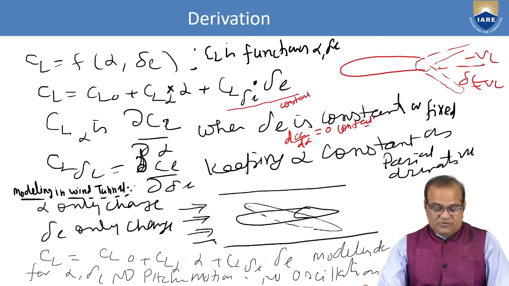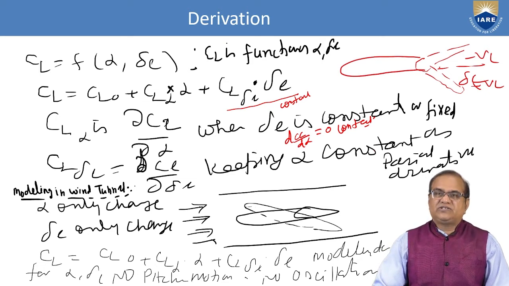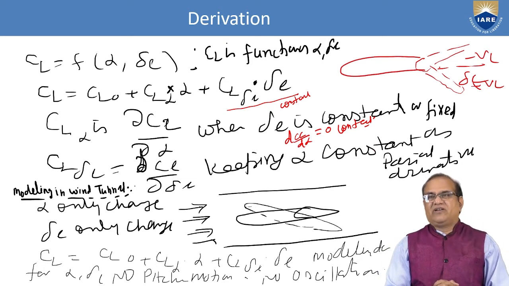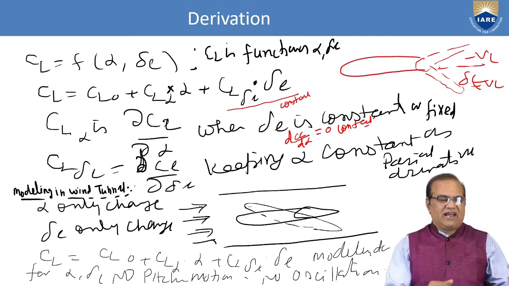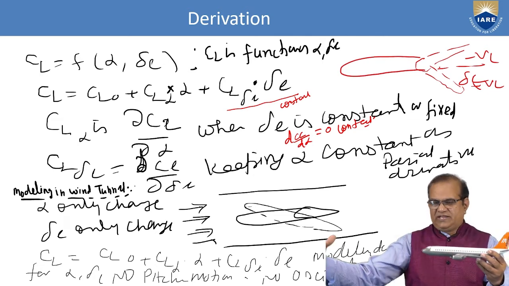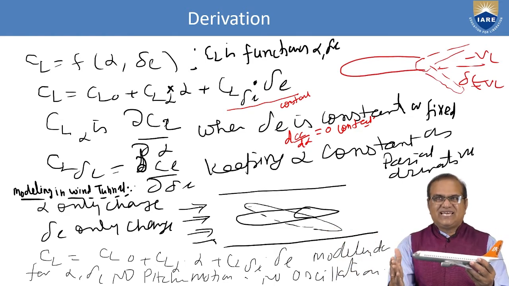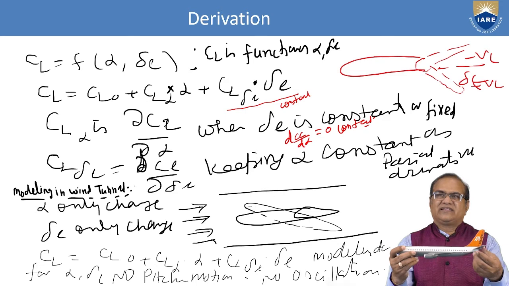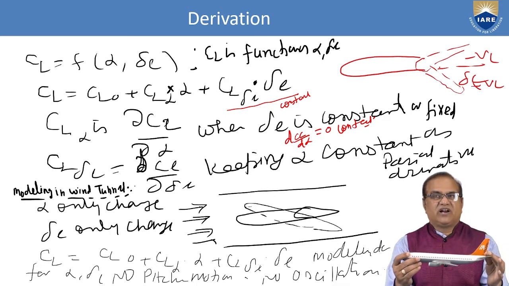So in this way, modeling in the wind tunnel. If you want to make an aircraft model in the wind tunnel, how can we perform this experiment? Here is the aircraft and the flow is coming from this side. In the first case, the elevator is fixed, it is not moving.